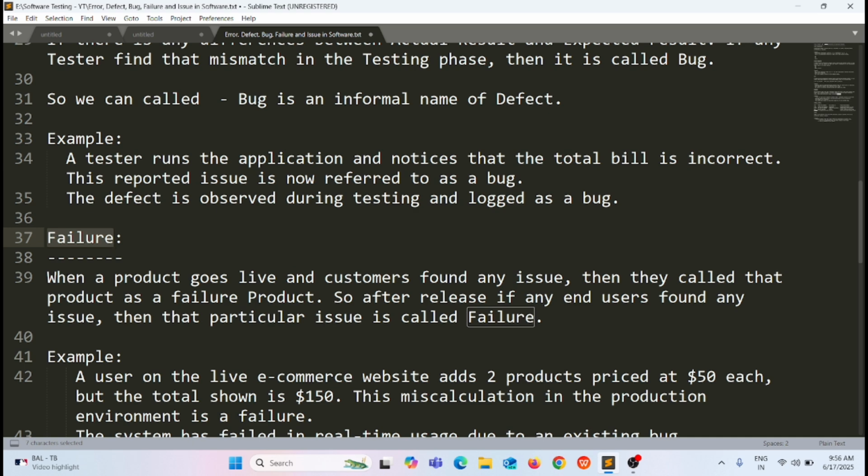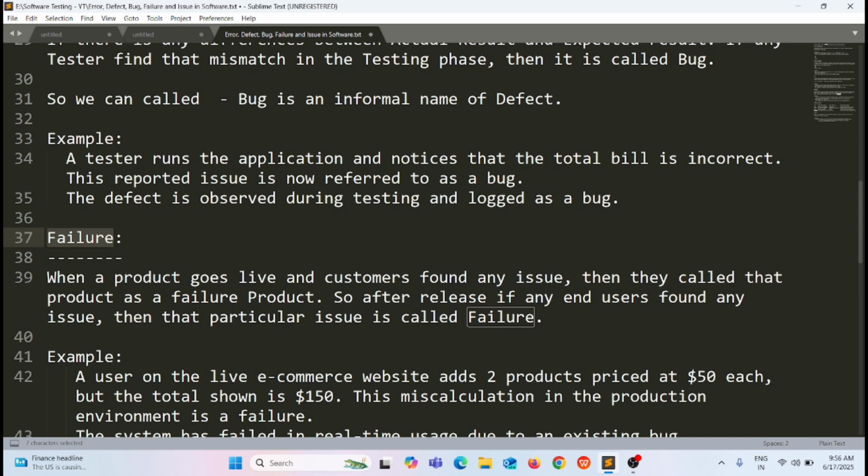Now the problem is that, as per our sign-off, the management or the deployment manager has deployed the software to production. Now in production, one customer found an issue that we could not find.